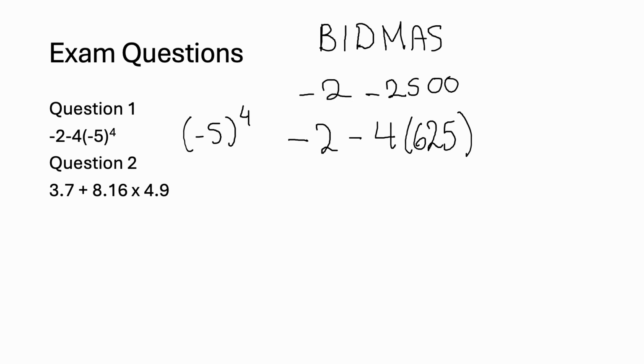And then we do -2 - (-2,500), which we get as -2,502.